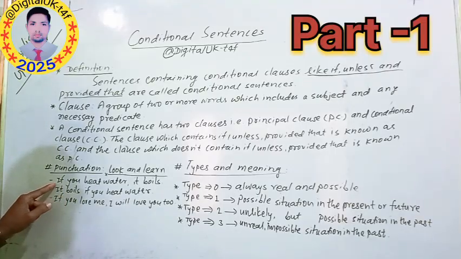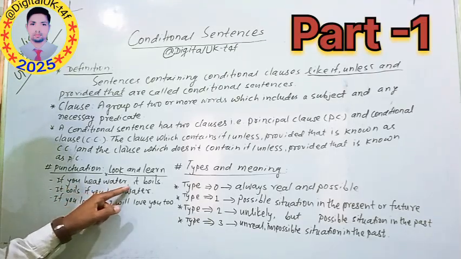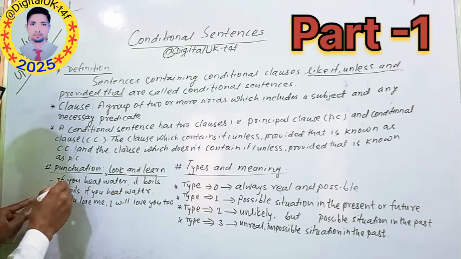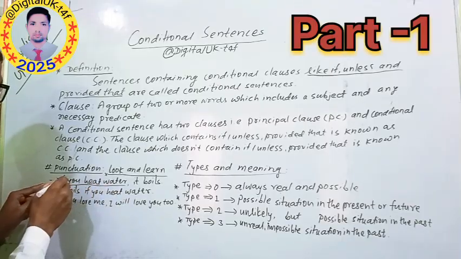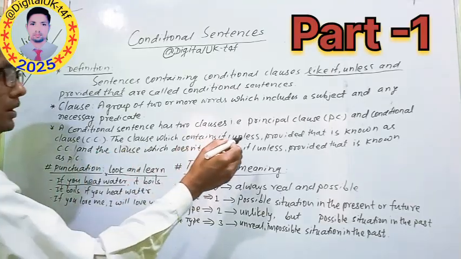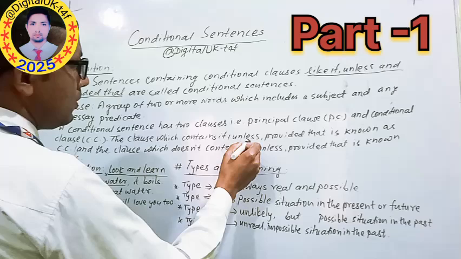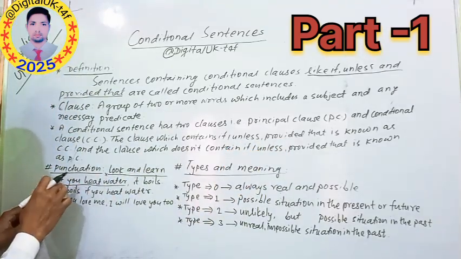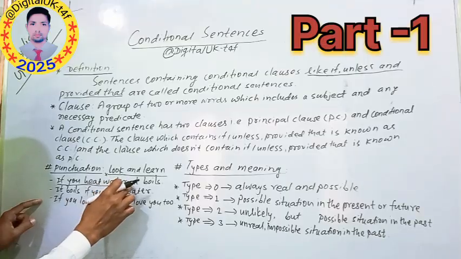Here I have written: if you heat water, it boils. You know very well, I have already told you, that wherever there is if or unless or provided that, that part will be what? CC. So here, if you heat water, it boils.